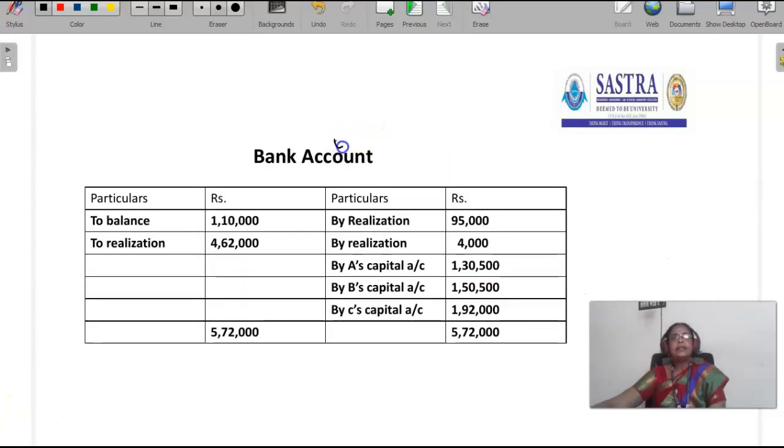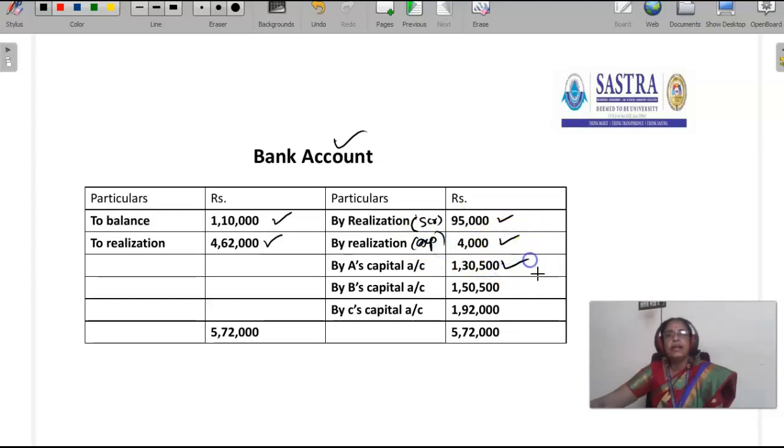The final step in the dissolution is preparation of the bank account. Balance 1,10,000. Assets realized is 4,62,000. Then sundry creditors settled is 95,000 rupees. Expenses of realization is 4,000.